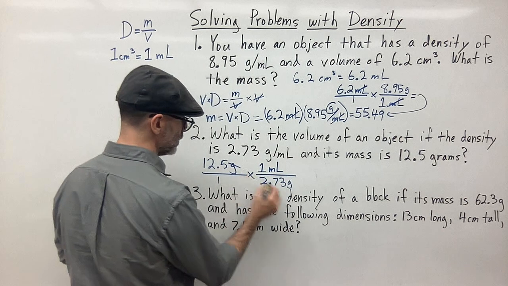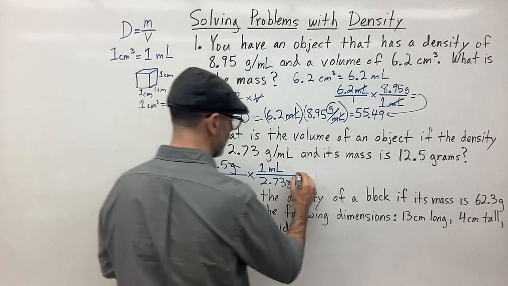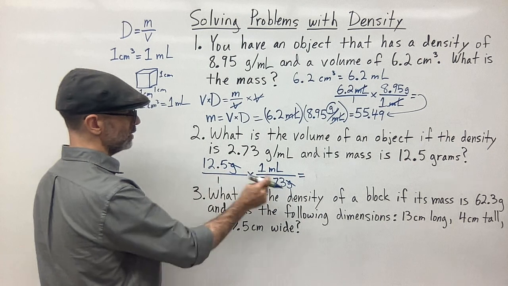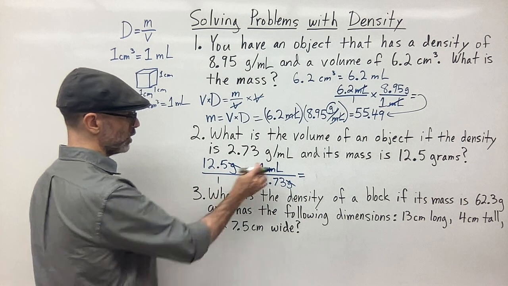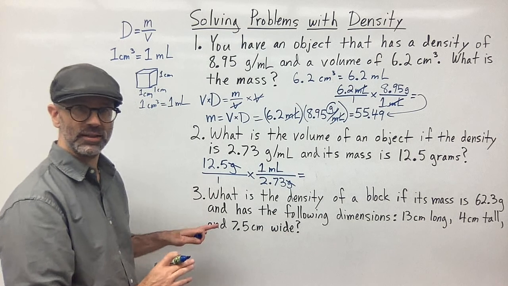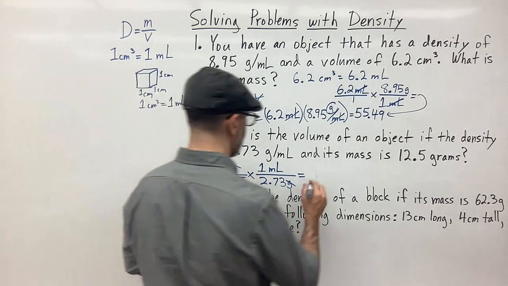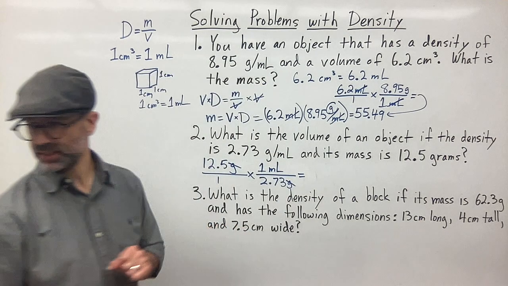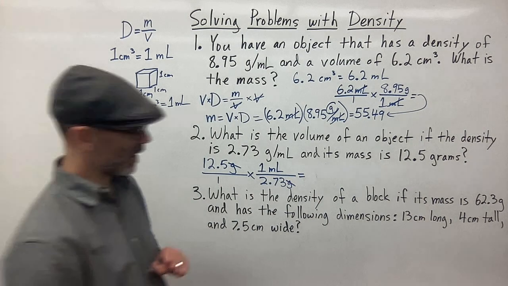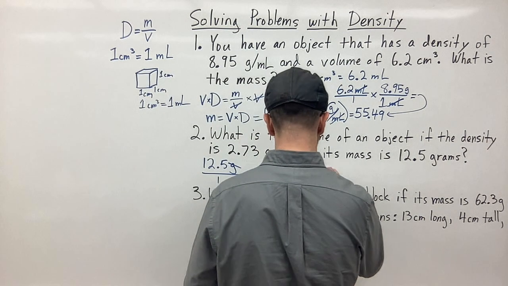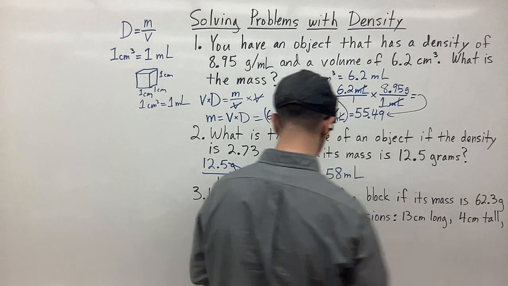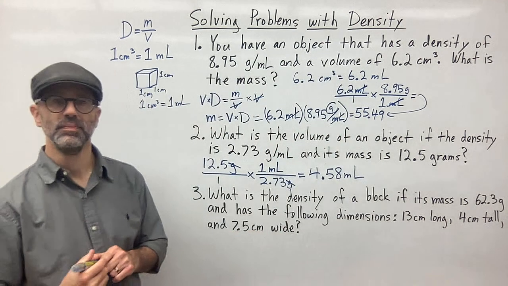So now grams cancels out, and I'm left with milliliters. And look, I'm dividing 12.5 divided by 2.73, multiplied by 1, divided by 1. Again, you don't need to multiply and divide by 1. You can skip that. And then you get the same answer, 4.58 milliliters. So same answer as before.